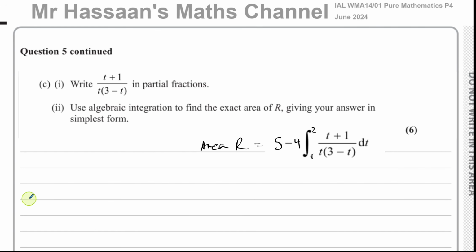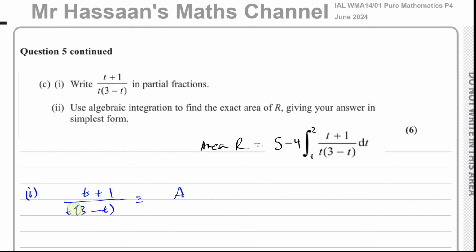Now, C part 1, it says write this in partial fractions. So obviously they're getting us ready to integrate this. To integrate this, we need to split it into partial fractions. So now you have t plus 1 over t times 3 minus t. To split this into partial fractions, you're going to have something in this form.